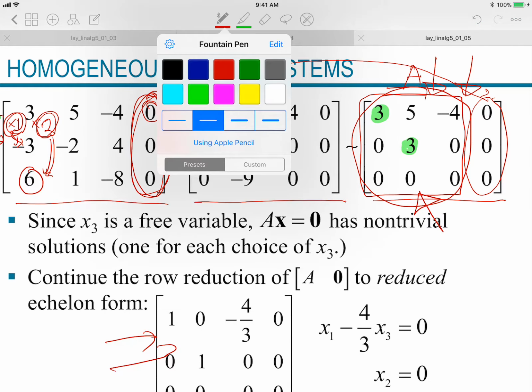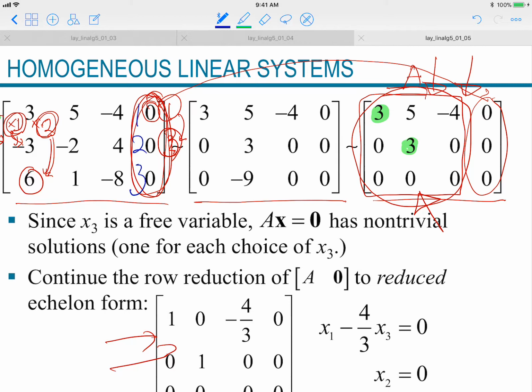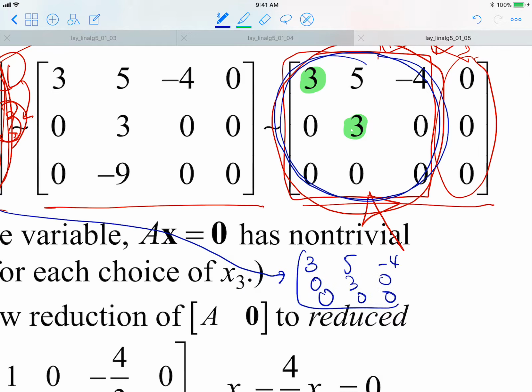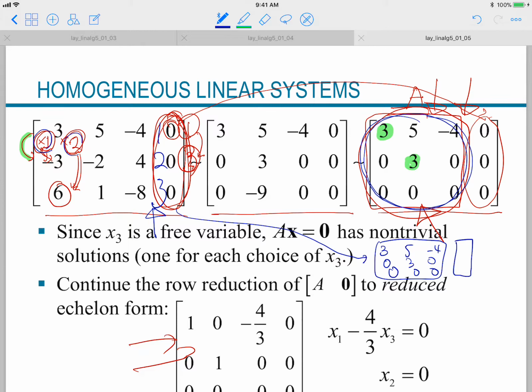Okay, so if we had maybe 1, 2, and 3, and then we do the row reduction on this new augmented matrix, the resulting matrix will still have exactly the same A part, 3 and 5 and negative 4 and 0, 3 and 0 and 0, 0, 0, okay, and only the last column will change, because they do not influence how we do this row reduction exactly, right?